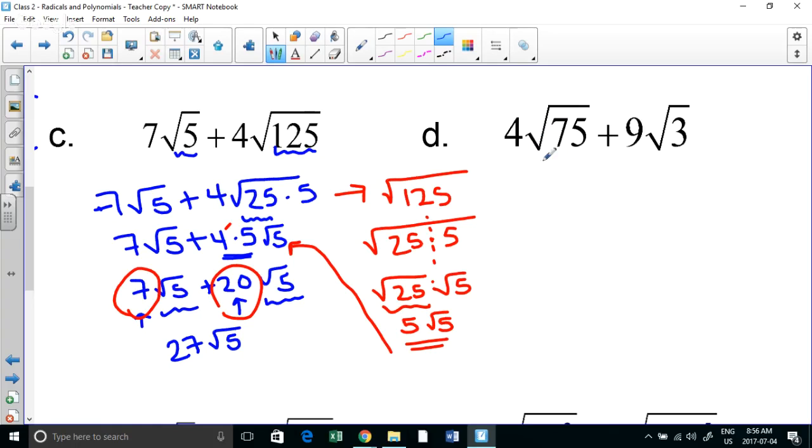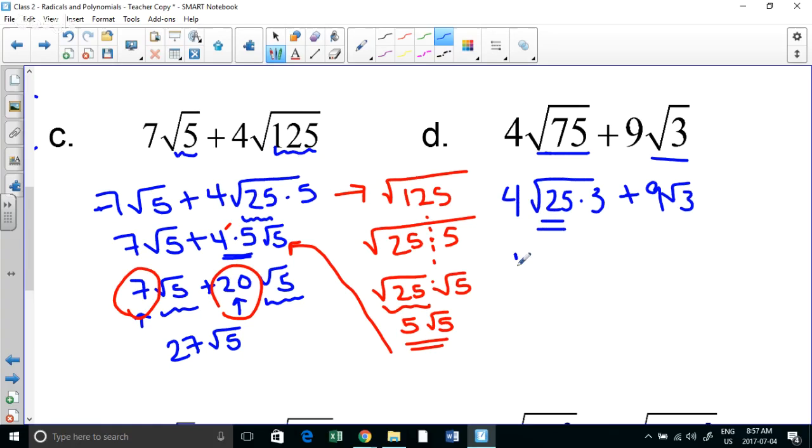So we'll take a look at this example here. Once again, the idea is the same. We look at the bases and we say, okay, well, they're not the same, but could I manipulate them to be the same? So we'll start off here. 75 can be written as 25 times 3. And then we have plus 9 root 3.